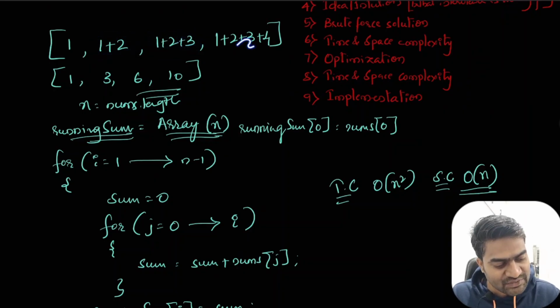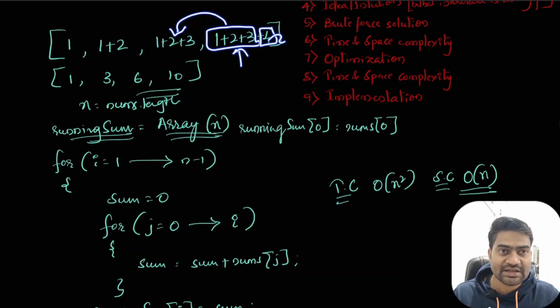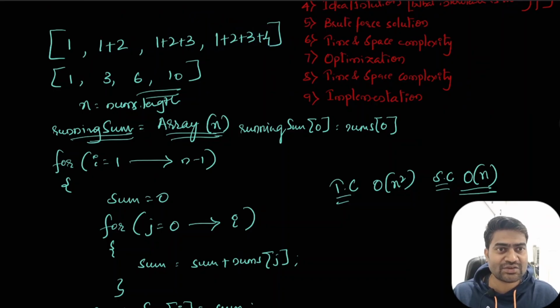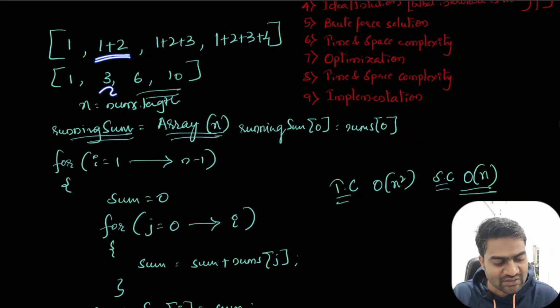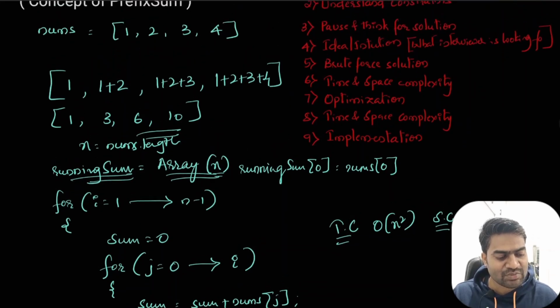And the next number is again the previous number and just that particular number. So do we see any necessity to find the sum from the start for all the values? No, right? So we can use the previously calculated value and simply add that number.